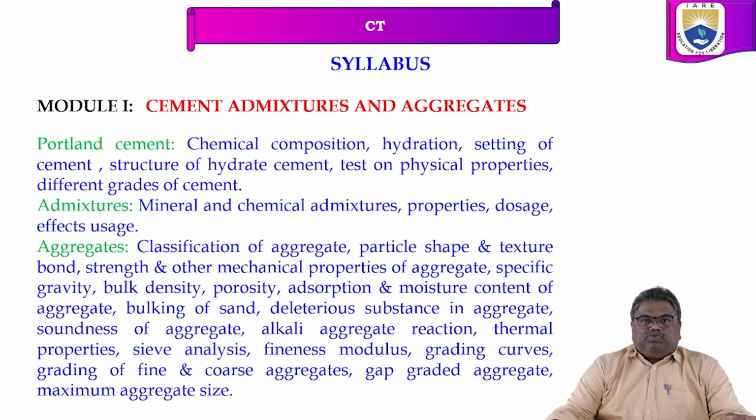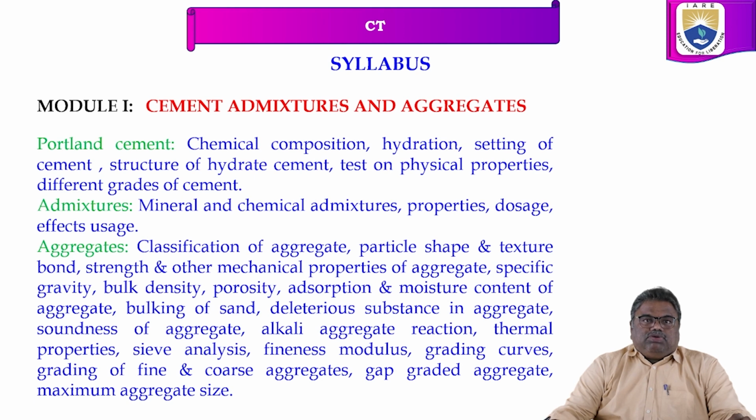How much dosage we need to use, and what are the effects? If we are using mineral admixtures, what are the effects we will see in the concrete? And if you're using chemical admixture, what are the effects? Different effects. These things we will discuss in this module.